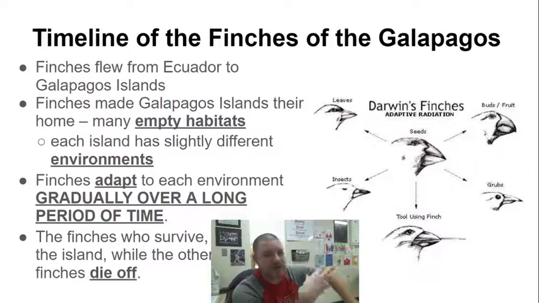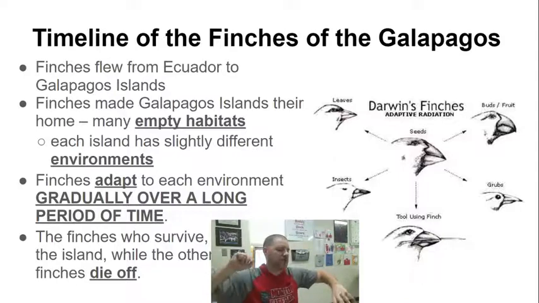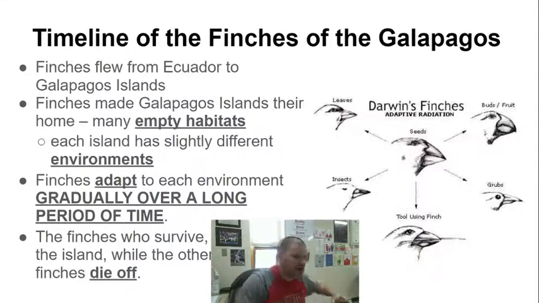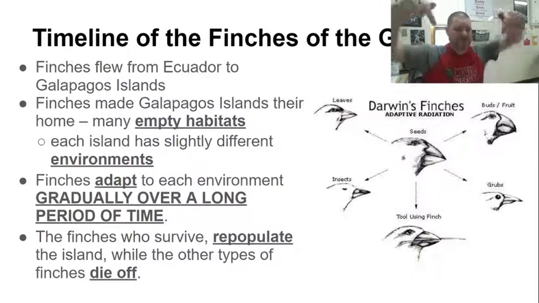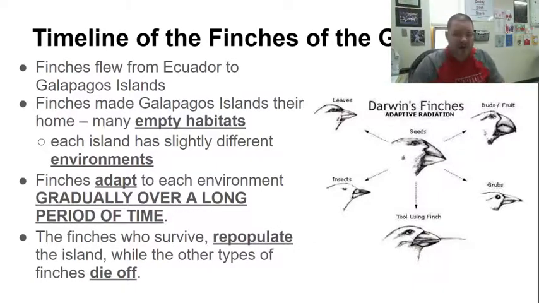If you die off, you cannot pass your beak on to the next generation. So all of a sudden, we get a bunch of bird beaks coming in of different varieties and sizes, and you can see those right down below me, where on each island there was a different type of bird based off of what was there and what they had to eat on that island.